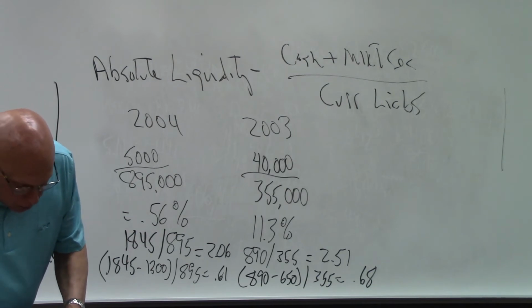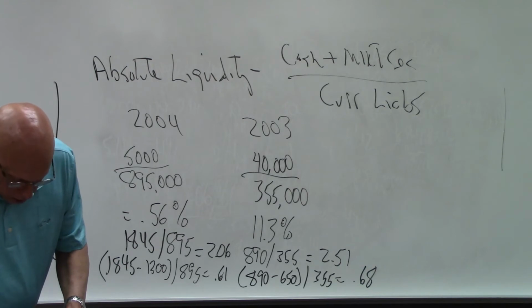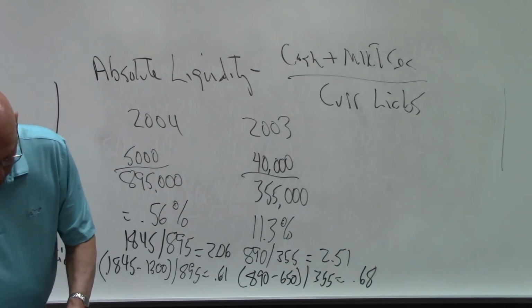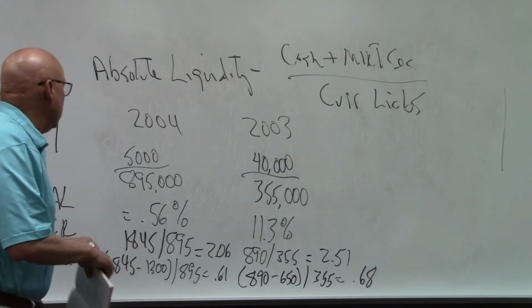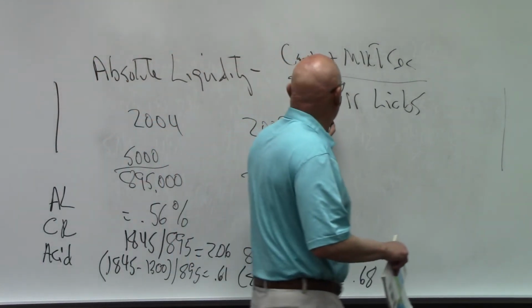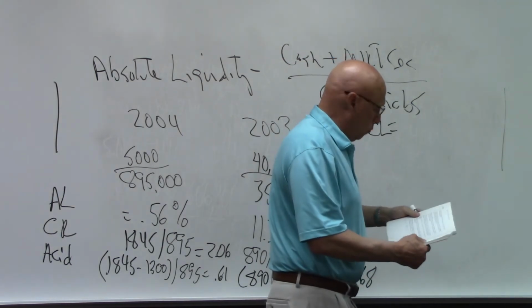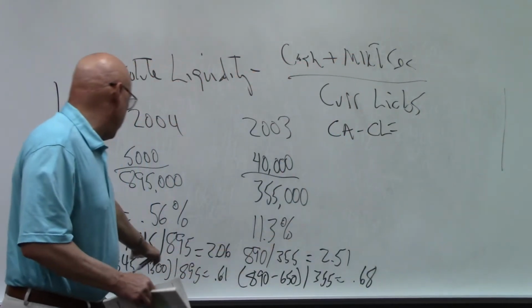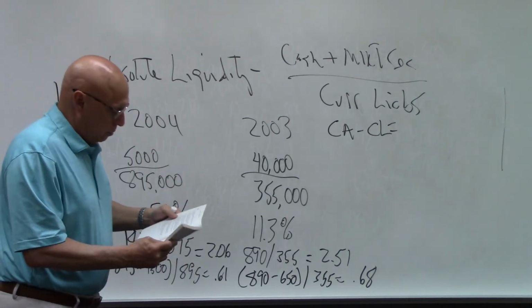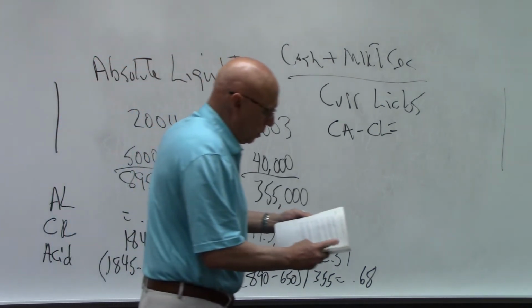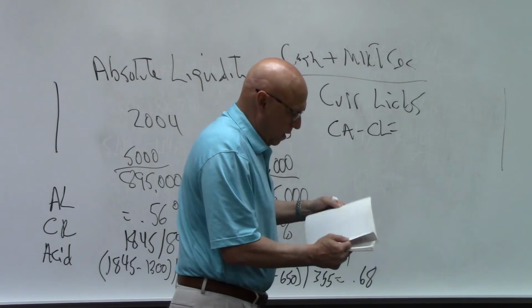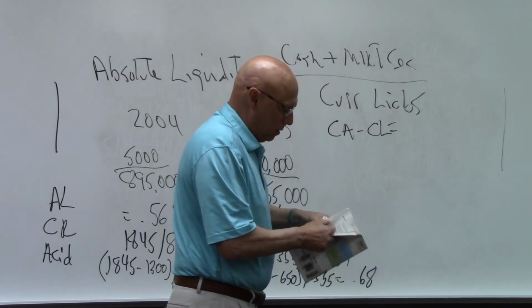Let's go ahead and do question 6. Calculate the net working capital of the company for each of the 2 years. What can you conclude? So, working capital, current assets minus current liabilities, and we already see what's going on by the current ratio. So let's go ahead and do working capital. So current assets minus current liabilities.